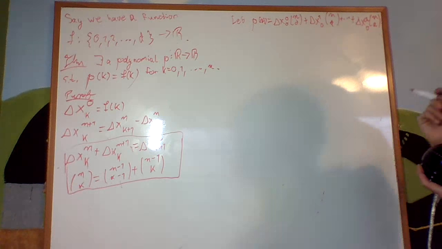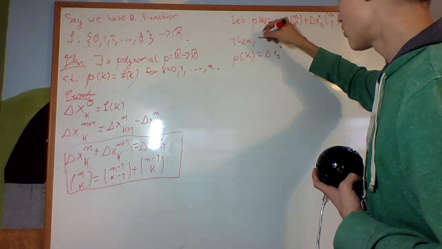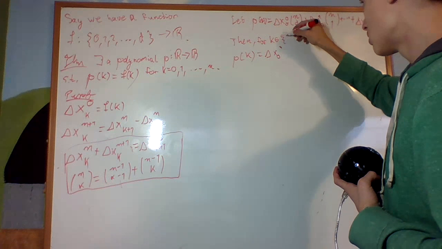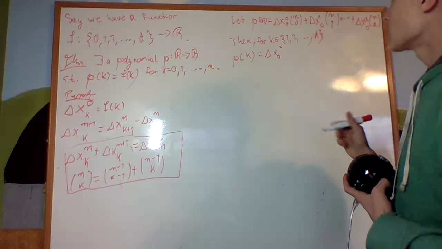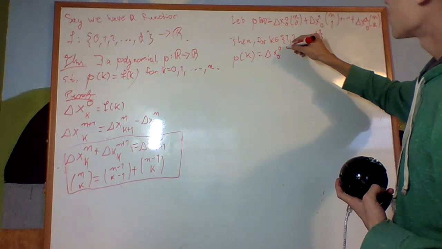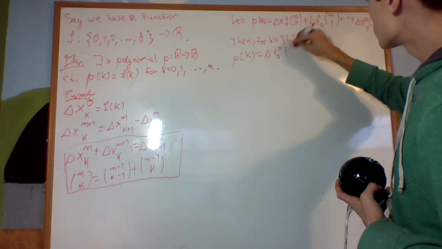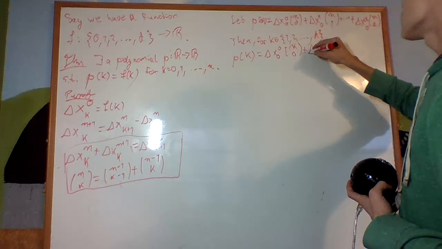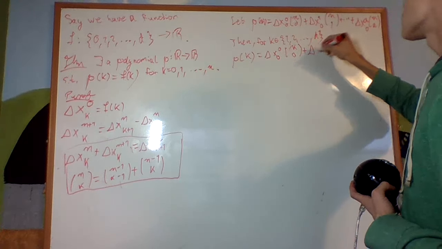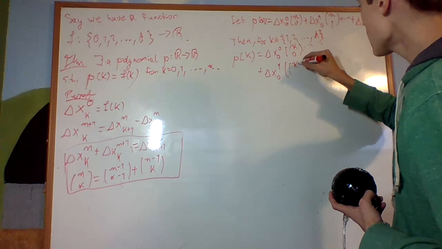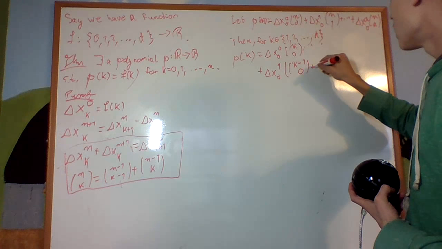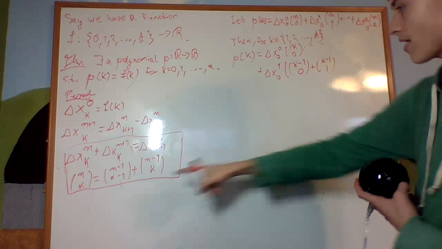So p of k, for k an element 1 to n, or d, is going to be delta x 0,0 and k choose 0, plus delta x 1,0. And I'm going to write this vertically, plus delta x 0,1. And I'm going to write n choose 1 as k minus 1 choose 0 plus k minus 1 choose 1 by that fact.